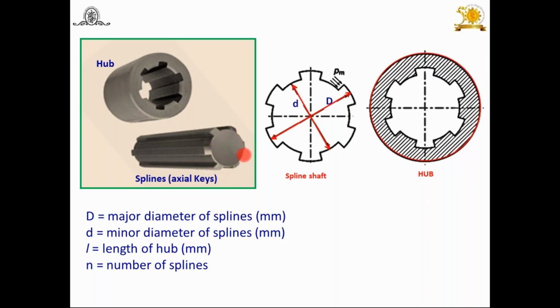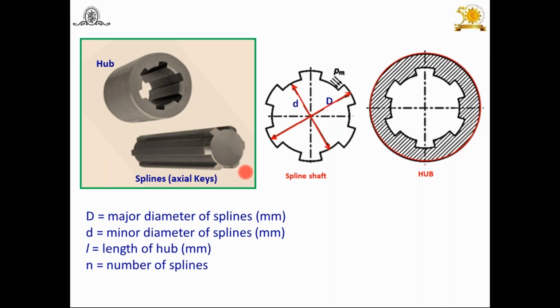Looking at this diagram or figure, you will find it's not a single key. Multiple keys are here, an integral part of the shaft. And this is the hub. To mount the part on the shafts, the hub also has splines or slots provided on it. You can insert this hub on the shaft, and because of this, the hub can easily move here, look at the cursor, towards the left or right side, or axially.